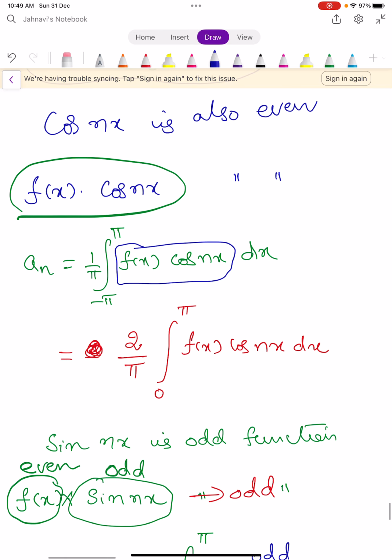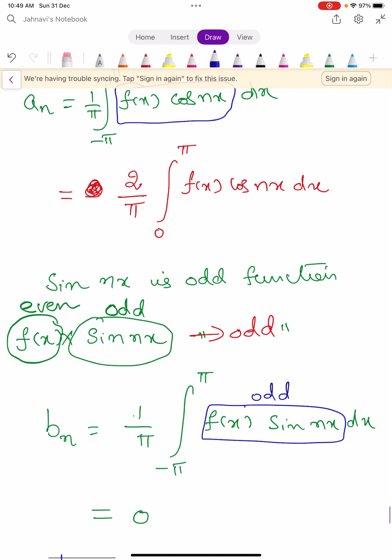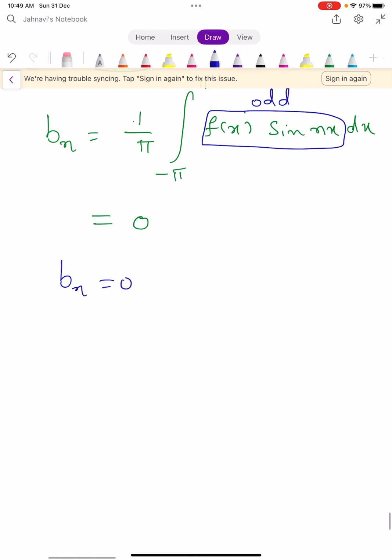Now see, a naught is equal to 2 by pi integral 0 to pi f of x dx, an is equal to 2 by pi integral 0 to pi f of x cos nx dx, and bn is equal to 0.